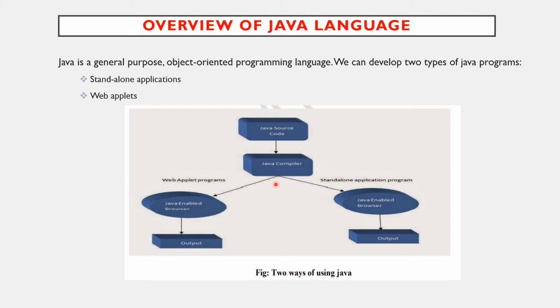Here are the two ways for the execution of Java programs. The standalone applications are executed on the standalone local computer system, while applet programs are run in a Java enabled web browser. So there are two ways of using Java.